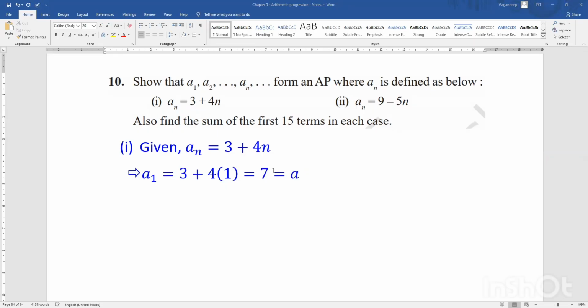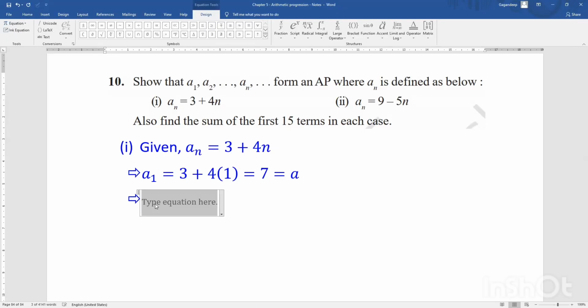Next we are going to find out A2. Same way, no changes. Take this formula, substitute n as 2.